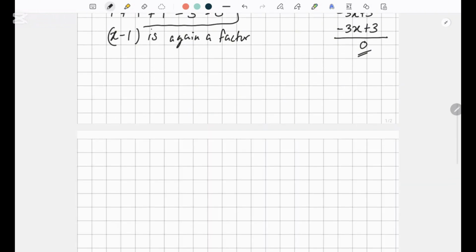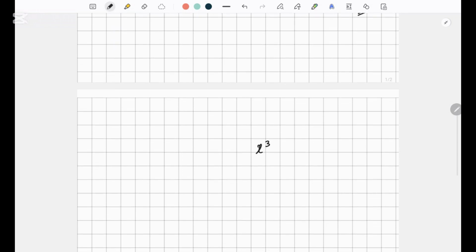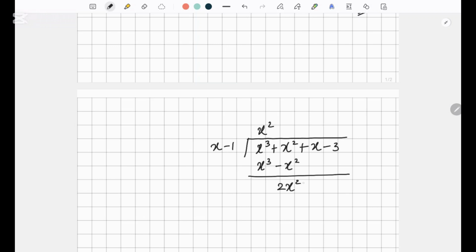So I'll go on to the next page. x cubed plus x squared plus x minus 3 divided by x minus 1. You do it the same way like I did previously. x cubed divided by x is x squared, x cubed minus x squared. Then x squared minus x squared is 2x squared. 2x squared divided by x is plus 2x.